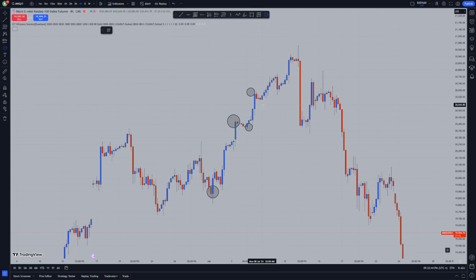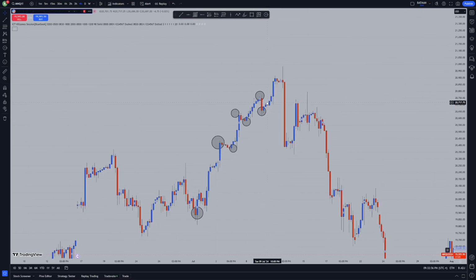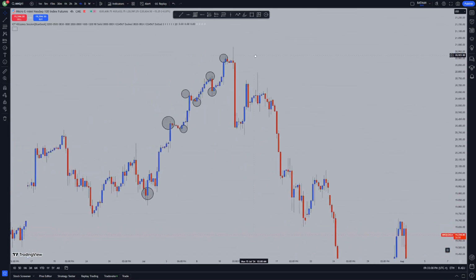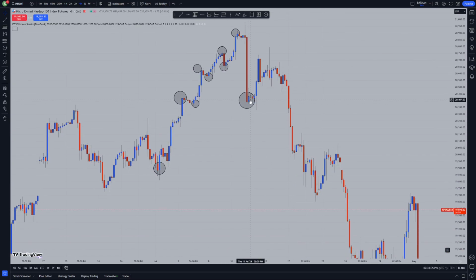Higher high. This might be a higher low. Most likely consolidation. A higher high right here. Higher low. Higher high. Boom. And then we got a big drop again.